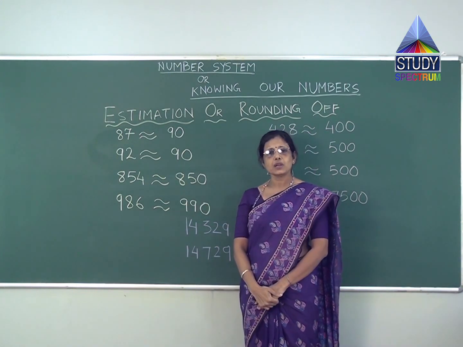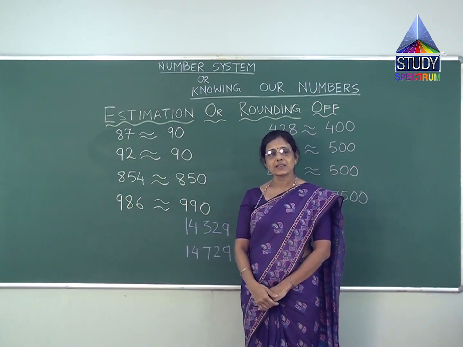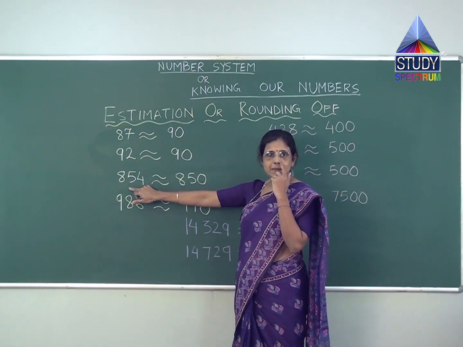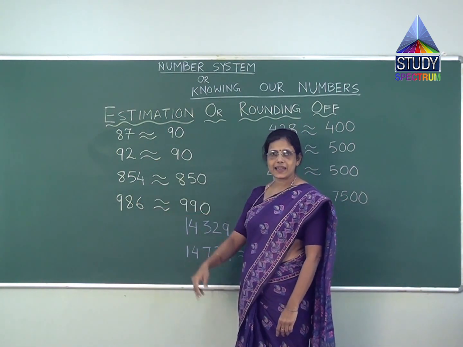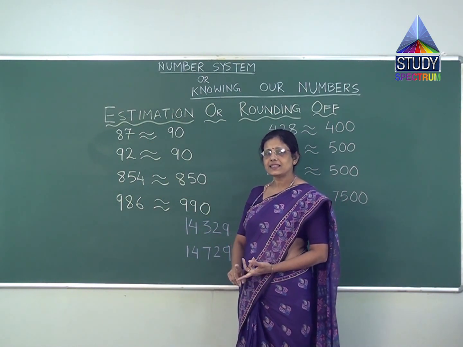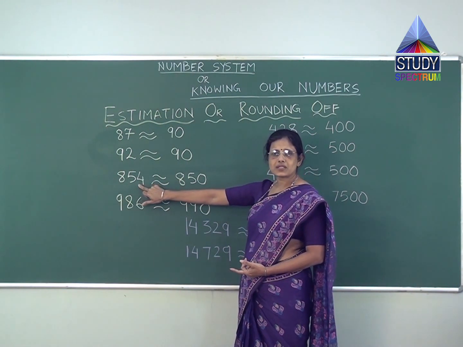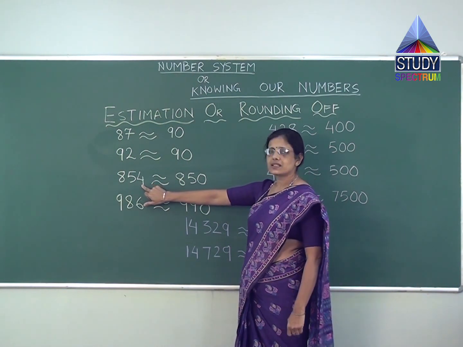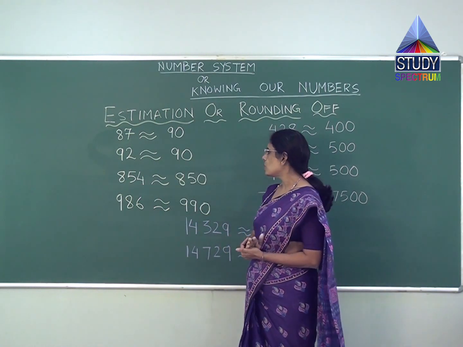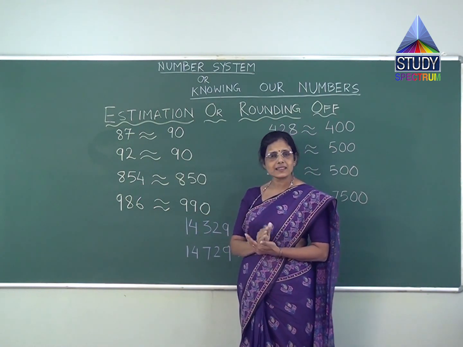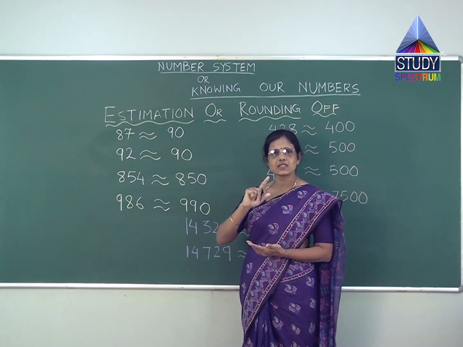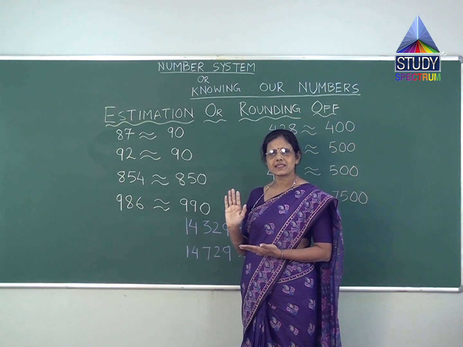Now I am coming to the 3-digit number, but nearest tens again. The 3-digit number I have picked up is 854. And I told nearest tens. So I have to see the unit digit. Unit digit again it is 4, which is less than 5. So I should not add anything to the tens place. Instead I will write only 0 in the units place. That's enough.